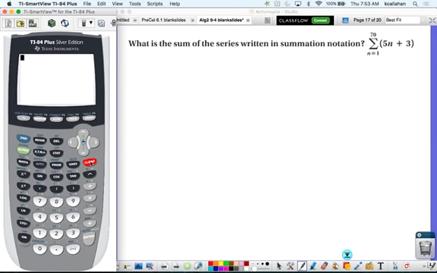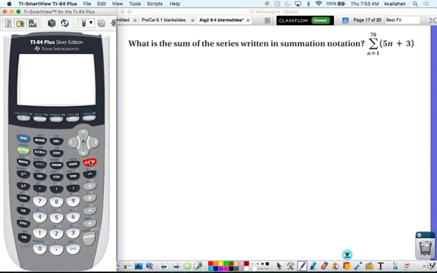So the first thing you need to find, where is this sigma notation in the calculator? Well, the sigma is actually in a few different places. Remember, you can find anything in the catalog. If you go to the math menu and scroll to the bottom, there's the summation notation right there. And you can see where it gives you the chance to put in all those things that go around it.